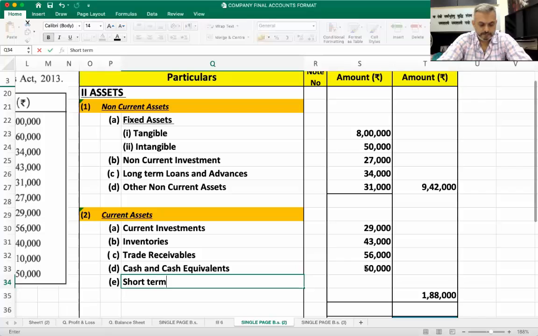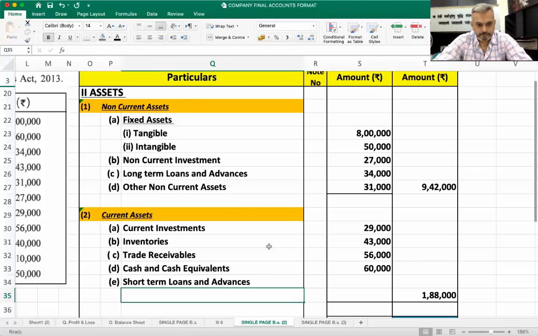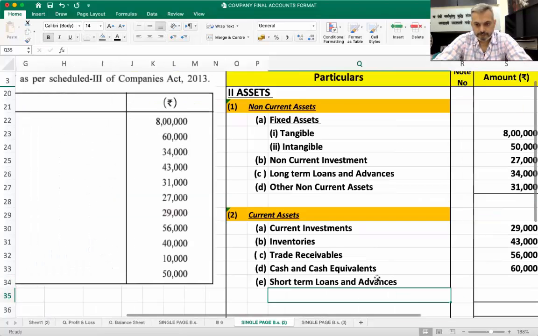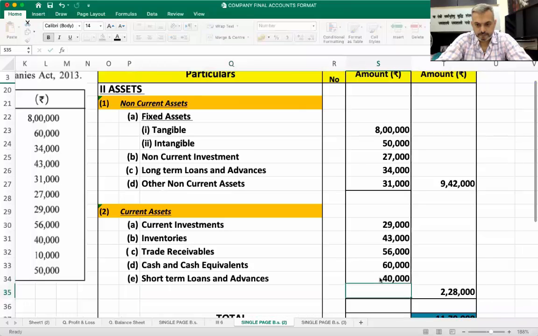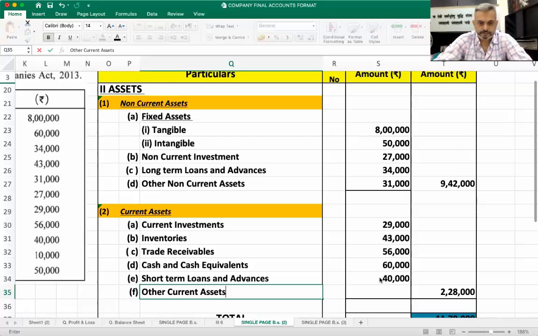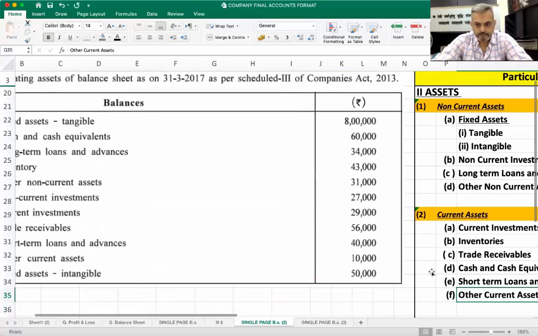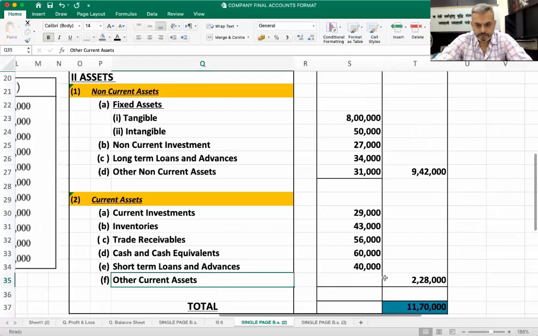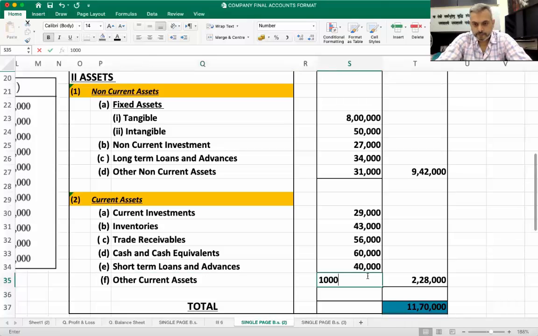Short-term loans and advances 40,000, and other current assets 10,000. So total comes to 11 lakh 80,000.